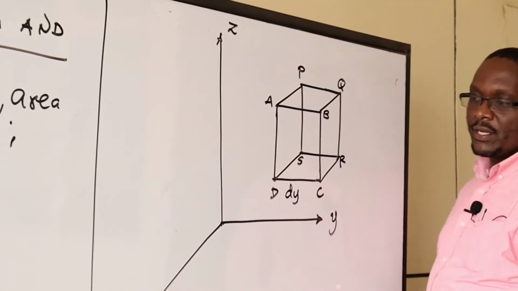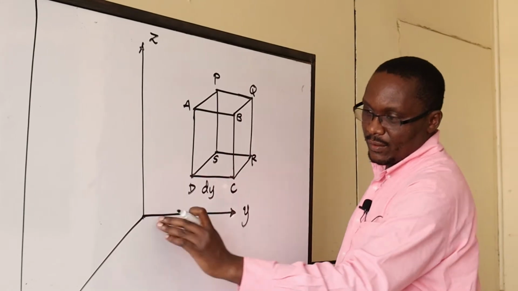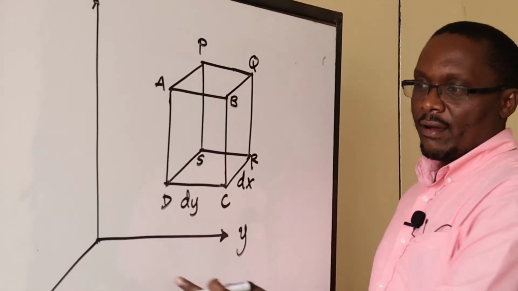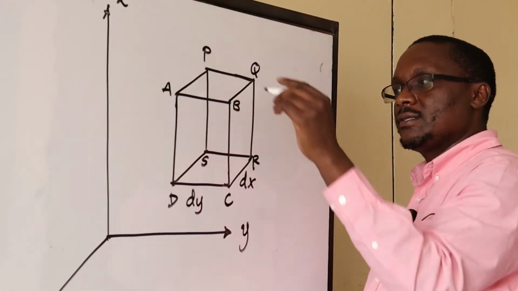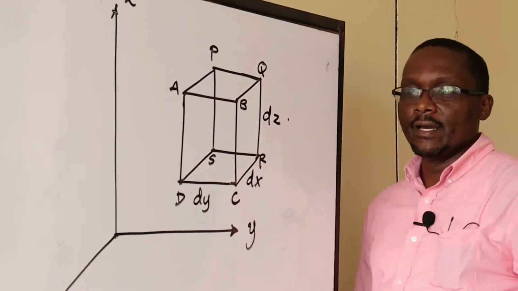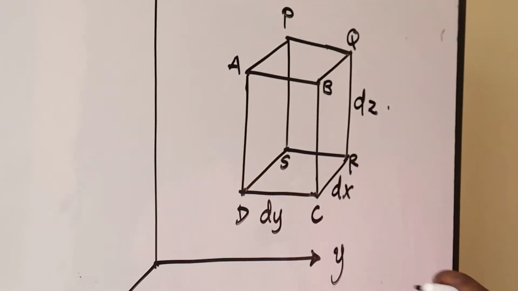The length along the x-axis we'll call dx. And the one parallel to the z-axis, we'll call dz.